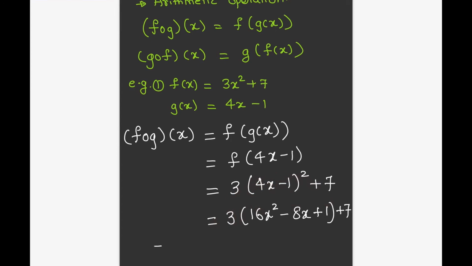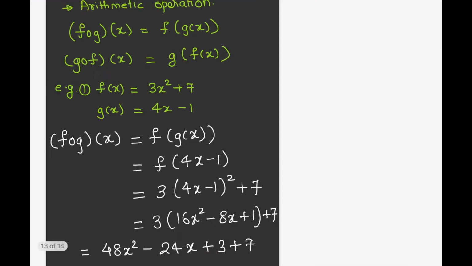So ultimately you will get 48x squared minus 8x, not 8 but 24 in this case. Let me wipe that down. It will be 3 multiplied by negative 8, which is negative 24x, plus 3 plus 7. So this is my last answer. Now I have to combine the terms, so I'll go on the next page and calculate that.